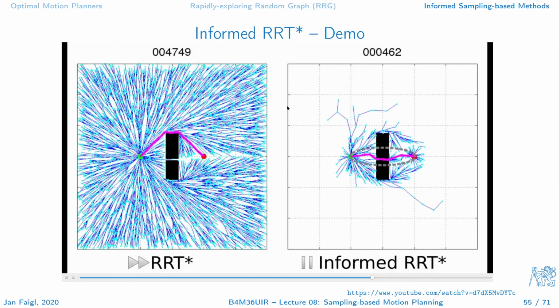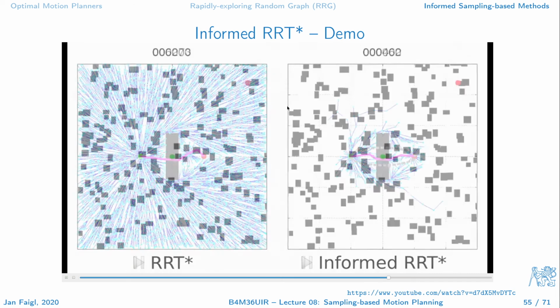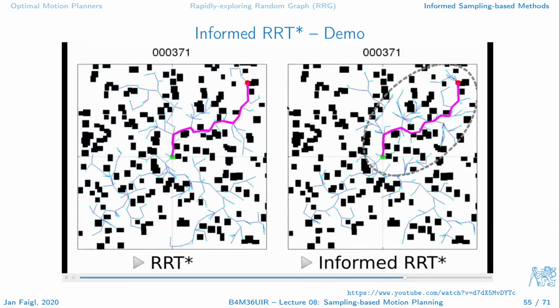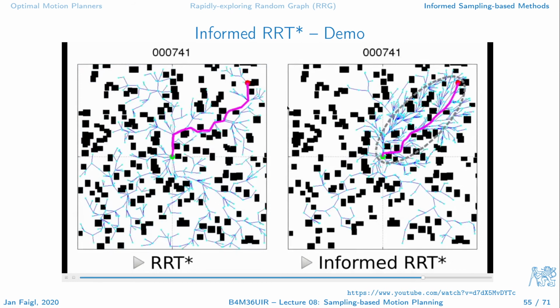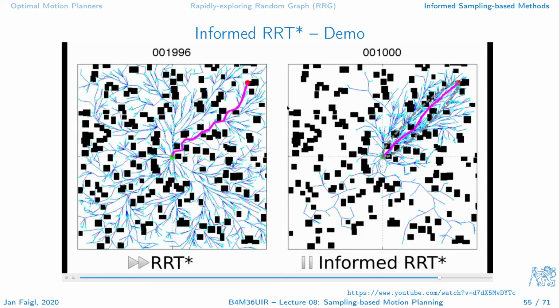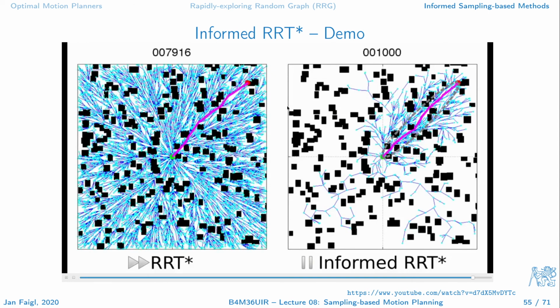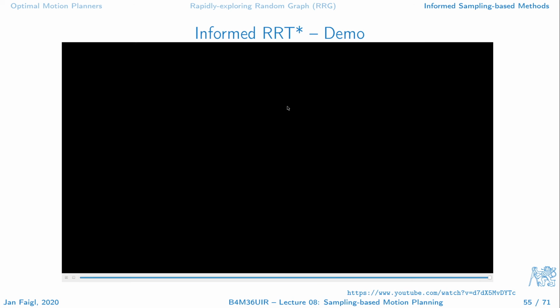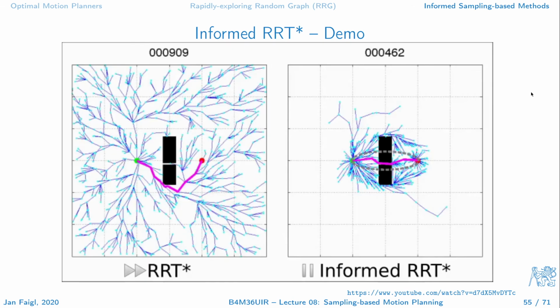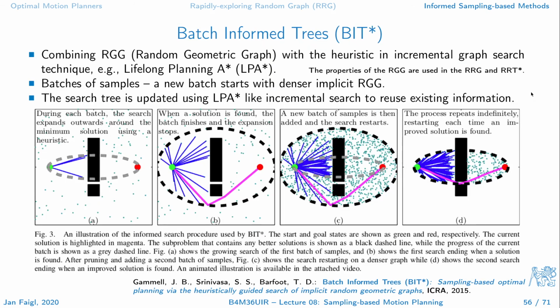So basically, we are informed about where we should sample. And these demonstrations show that now the sampling-based method becomes competitive to shortest path. Even though that's still questionable, you can see the huge difference. So that was one improvement. And the other improvement, which is called batch informed trees, is based on the idea of combining the random geometric graph with a heuristic incremental graph search technique like lifelong planning A star.